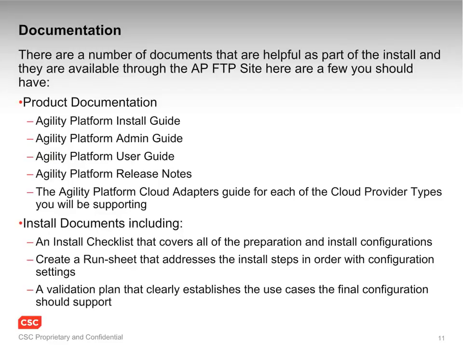Sometimes doing an Agility Platform install without having these can lead to missteps, so it's an important component. And lastly, a validation plan that clearly establishes the use cases, the final configuration support, and a method for being able to test those would certainly make doing your install considerably easier.